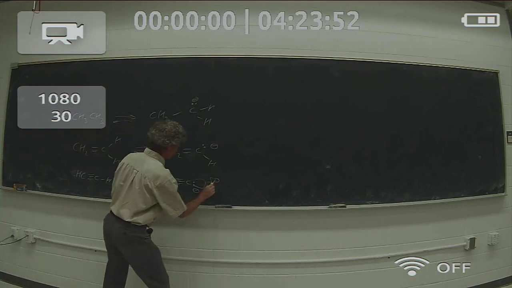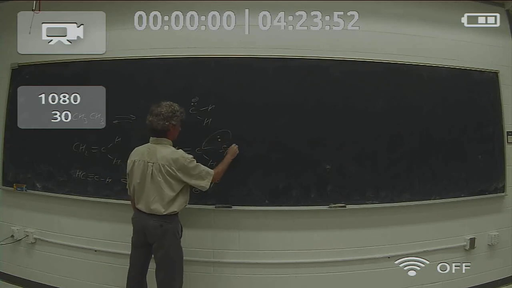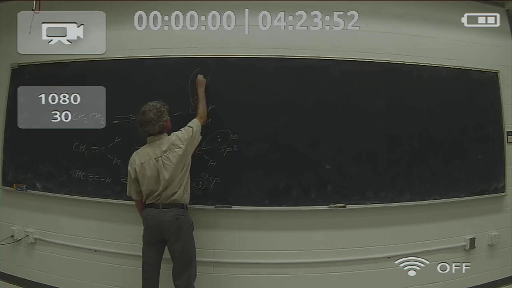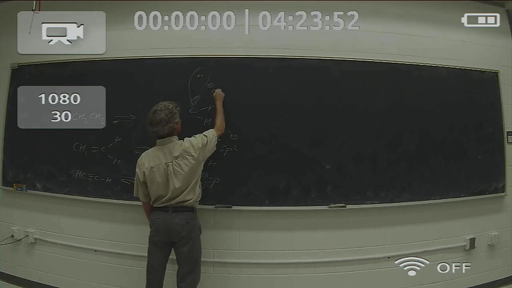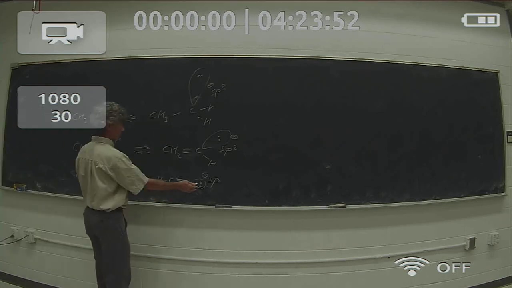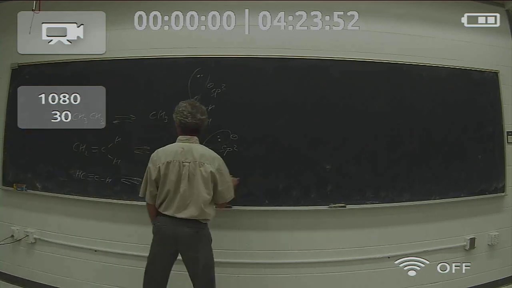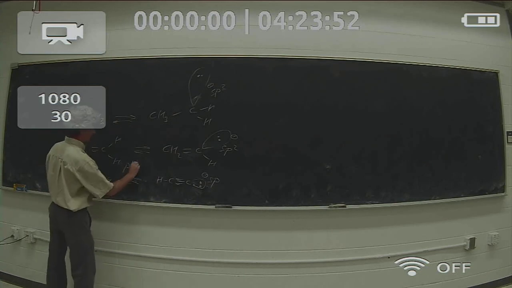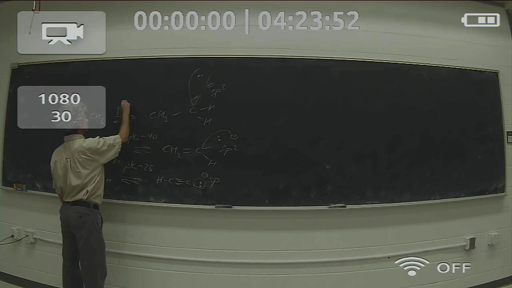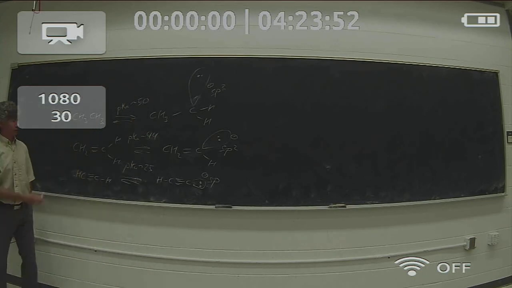This is an sp orbital. This is an sp2 orbital. This is larger. And this is an sp3 orbital. This is even larger. The smaller the orbital, the more tightly the electrons are held to the nucleus, the more stable. And so your pKa value goes from 25, 40, 44 to around 50. That's s character. Greater s character, more significant.